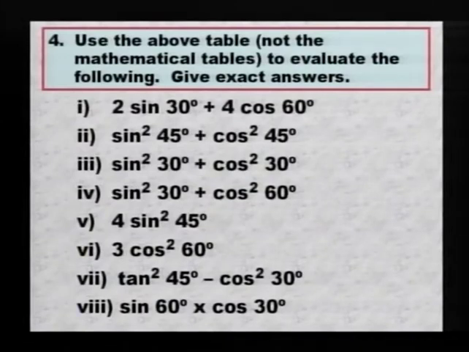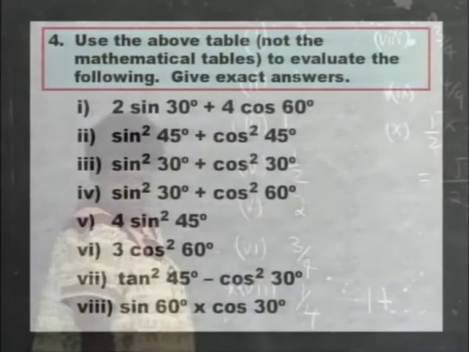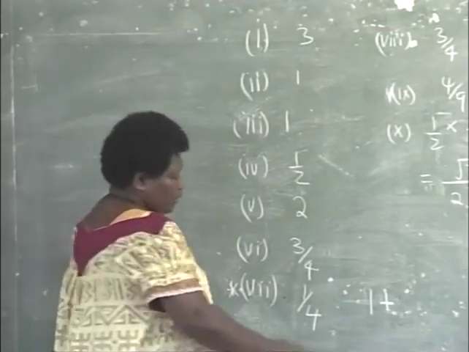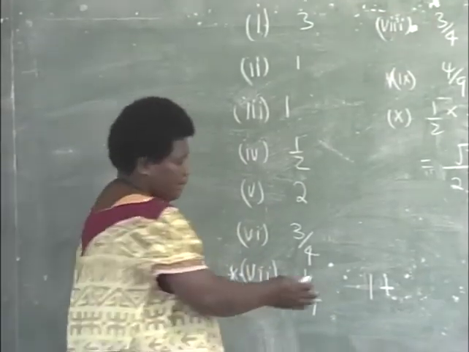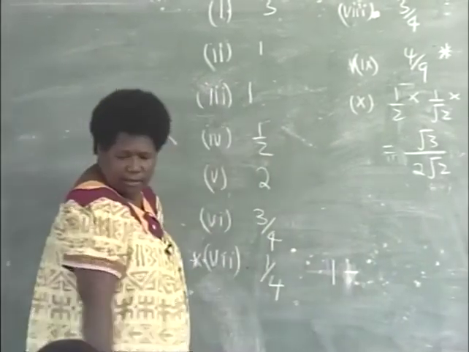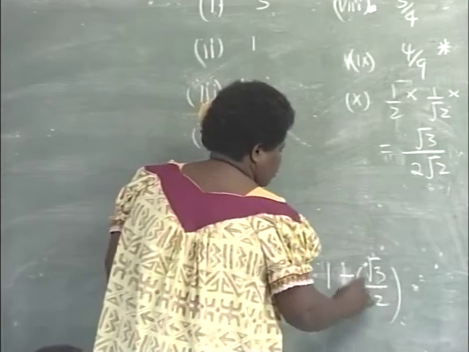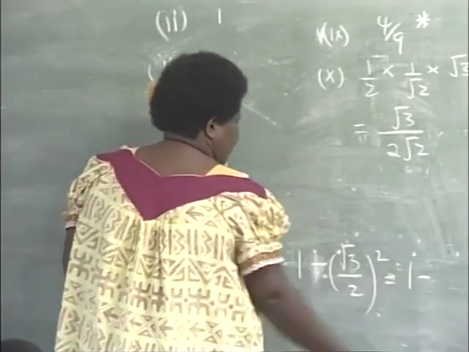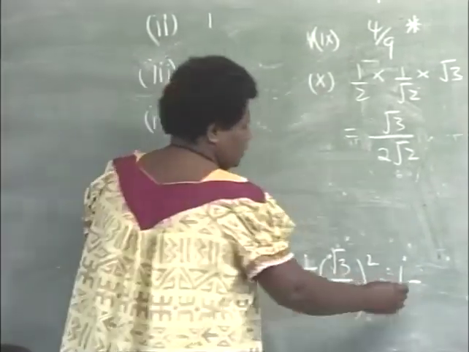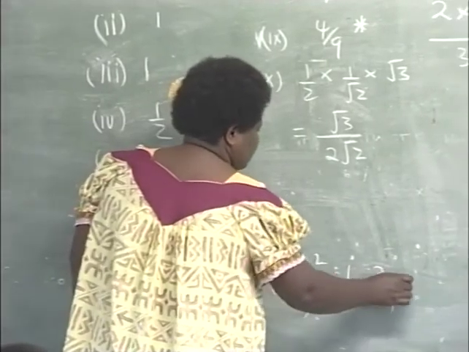Tan 45 is equal to 1, so 1 squared is 1, minus cos 30 is root 3 on 2, so root 3 on 2 squared. I get 1 minus root 3 on 2 squared is 3/4, so 1 minus 3/4 is 1/4.